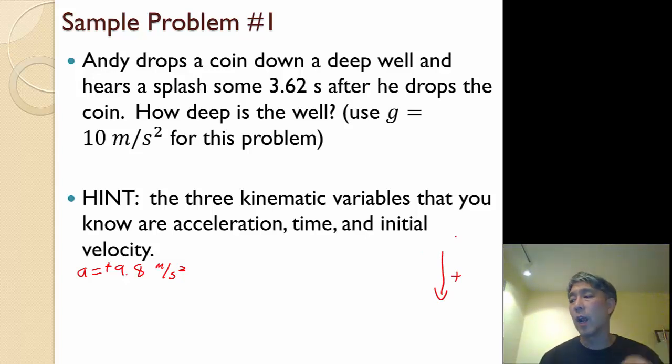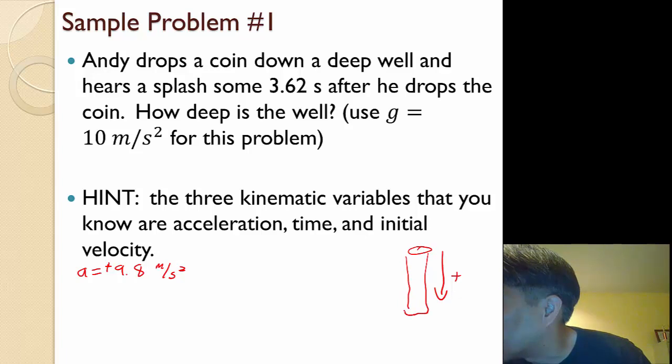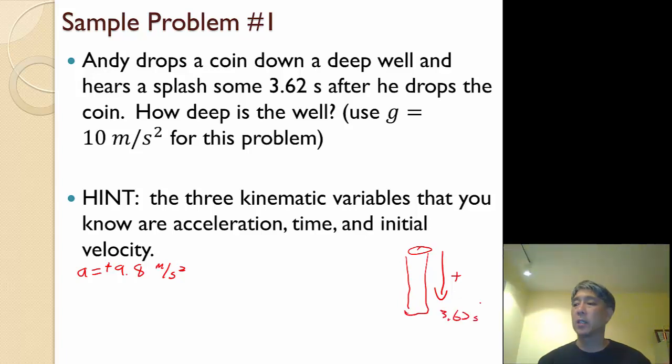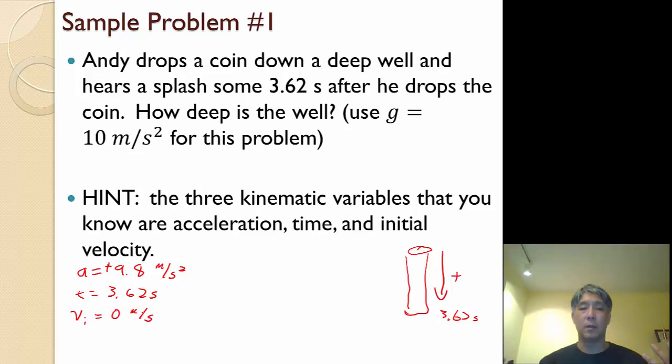It drops, so downwards makes the initial velocity positive. And here's my well. And 3.62 seconds later, I hear a splash. So time-wise, I know 3.62 seconds. And because it was dropped, I know what my initial velocity is, 0 meters per second.